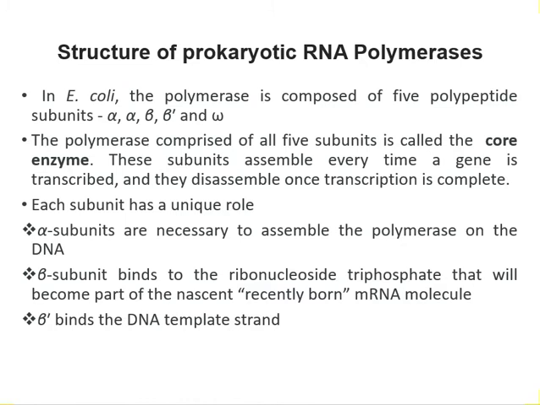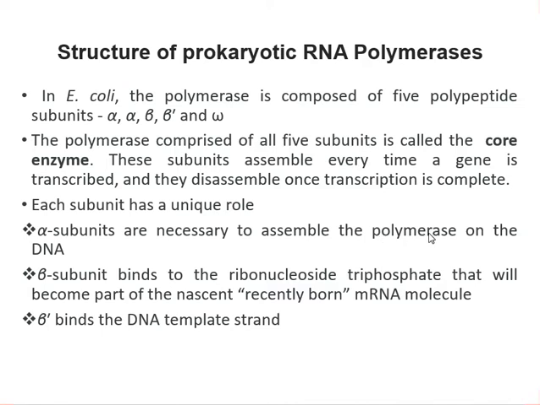Each monomer, that is the ribonucleoside triphosphate, which will become part of the new mRNA molecule, is bound by the beta subunit. And the beta dash is that part of the enzyme which will bind to the DNA template strand.